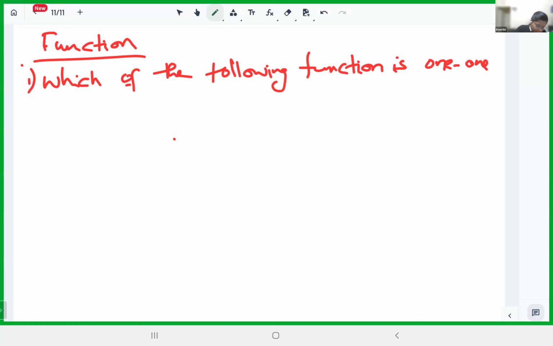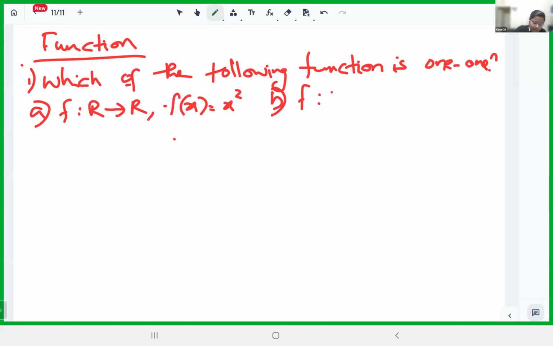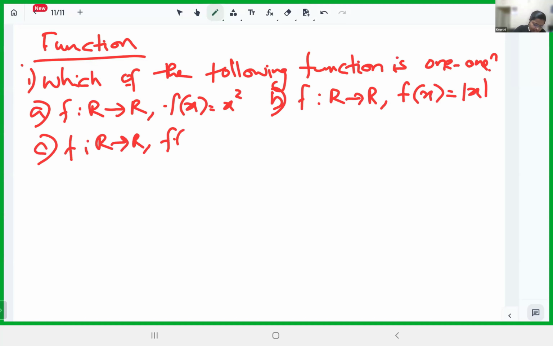The options are: f from R to R, f of x is equal to x square; the second option is f from R to R and f of x is equal to mod x; the third option is f from R to R and f of x is equal to sin x; and the last option is f defined from R to R and f of x is equal to x cube.